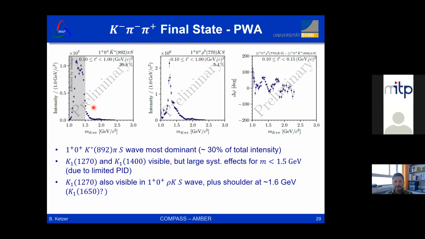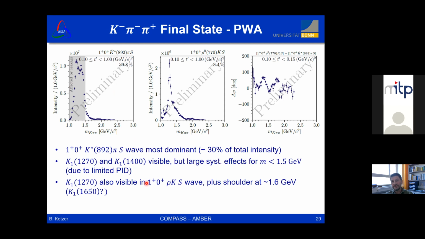But the problem that we saw is that this low mass part below about 1.5, where actually most of the statistics is, is dominated by leakage, and that is mostly due to the limited particle identification that we have for K minus in COMPASS. So that is something that clearly has to be improved.